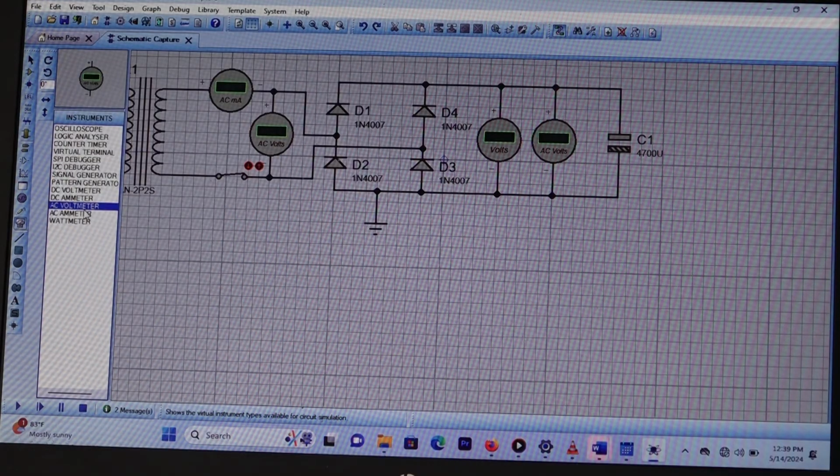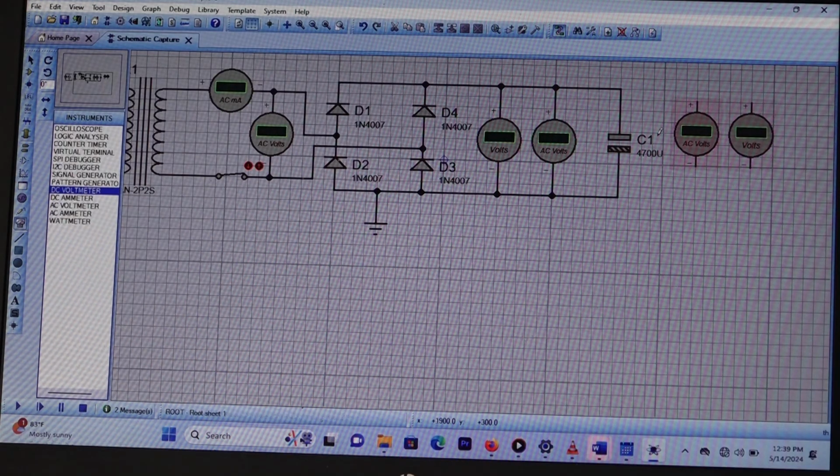Let us go to the virtual instruments. For the output voltage of the filter, we need two measuring instruments: an AC voltmeter and also a DC voltmeter. So let us measure the output voltage of the filter. This is the DC voltmeter.